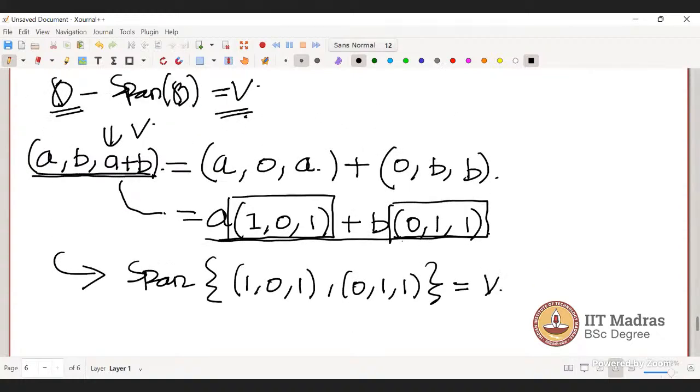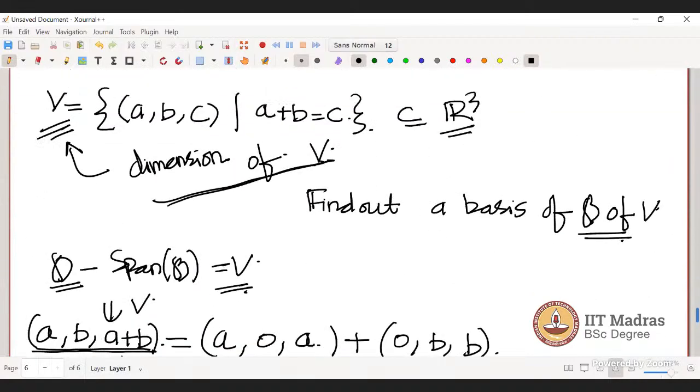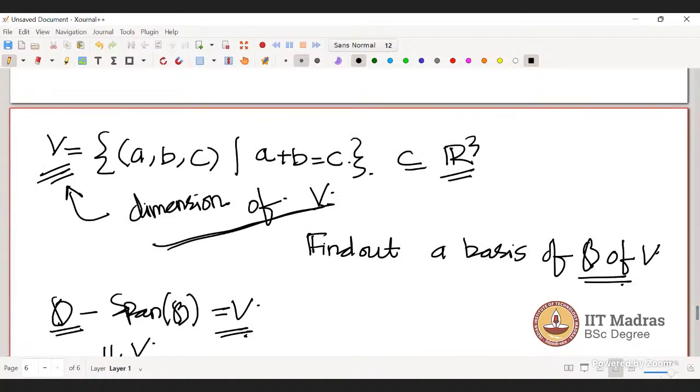Yes, sir. In this (1, 0, 1) and (0, 1, 1), we cannot get (0, 0, 1), can we? No, we can't, because that will fail the condition provided here: a, b, a plus b. Got it, sir. Whatever you are saying is not an element of the vector space.